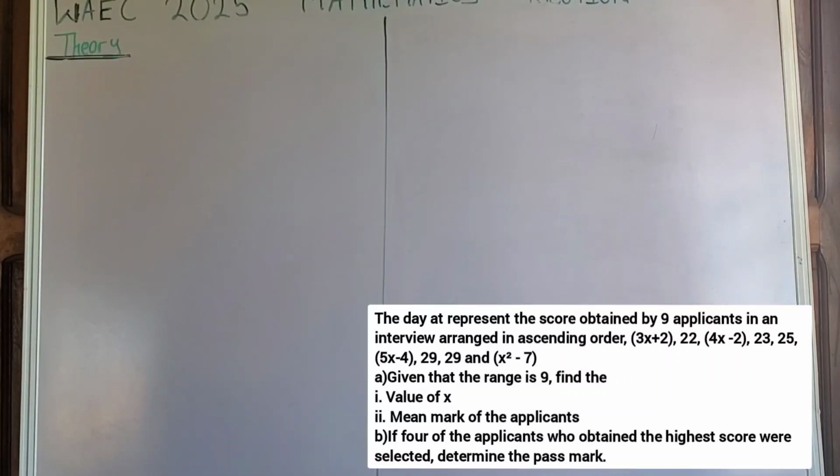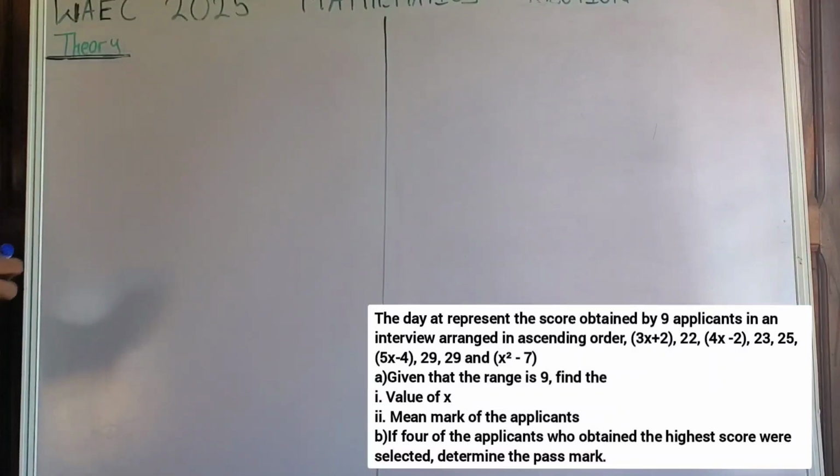Given that the range is 9, find the value of x, the mean mark of the applicants. And then 5b says if 4 applicants who obtained the highest score were selected, determine the pass mark. That is for 5b.